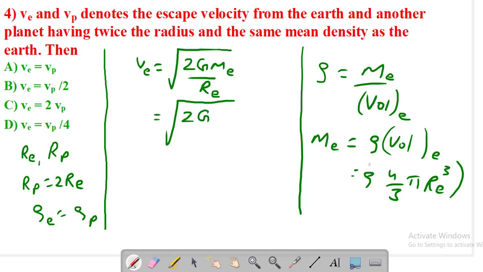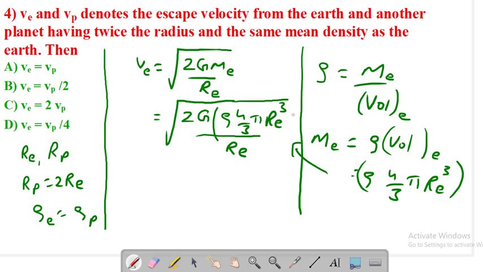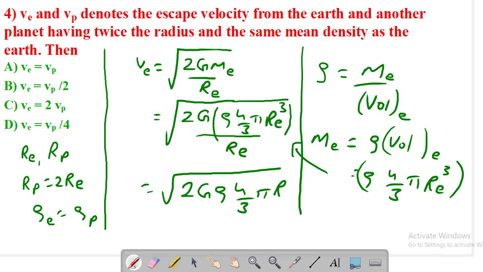We substitute this value here. So instead of Me we get rho 4 by 3 pi Re cube, the whole upon Re. Here Re and Re will get cancelled out partly, so we are left with the numerator 2G rho 4 by 3 pi Re square.